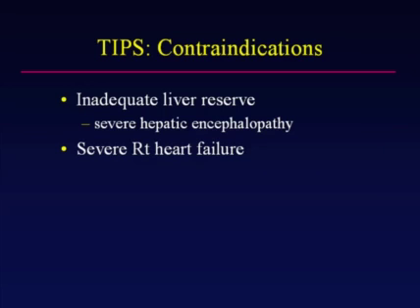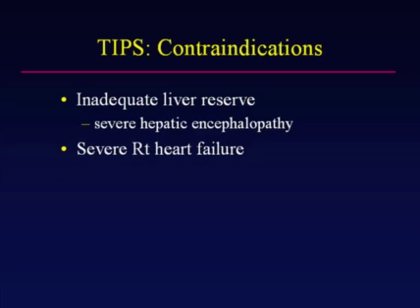There are very few contraindications to placement of a TIPS, but the two biggest ones are inadequate liver reserve. If you shunt too much blood around the liver and you don't have enough adequate liver parenchyma to detoxify the blood, the patient will end up with severe hepatic encephalopathy.